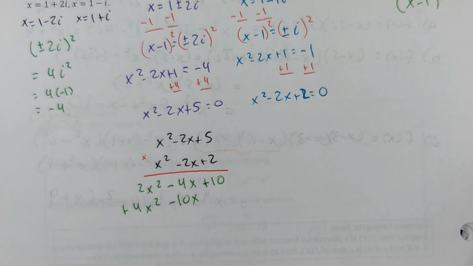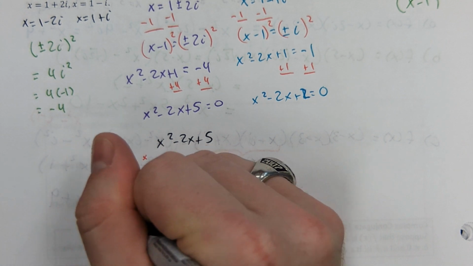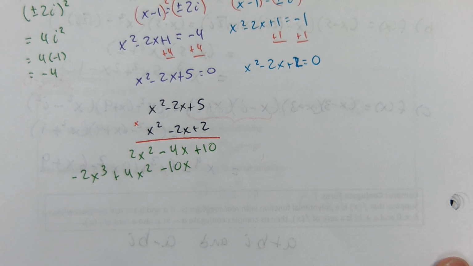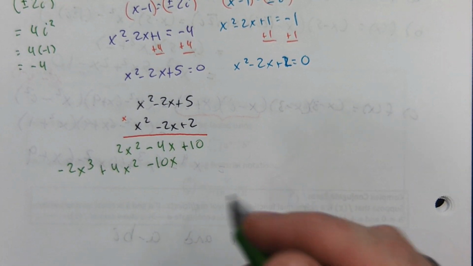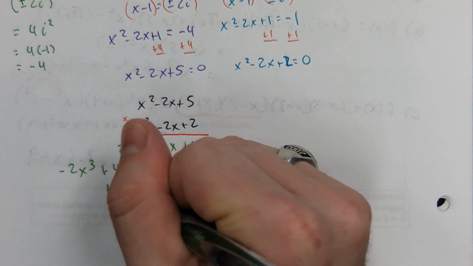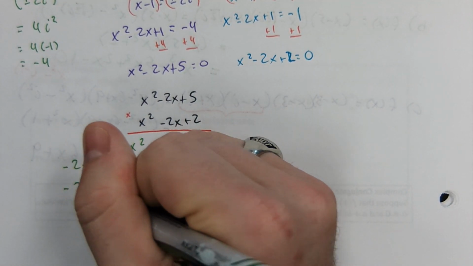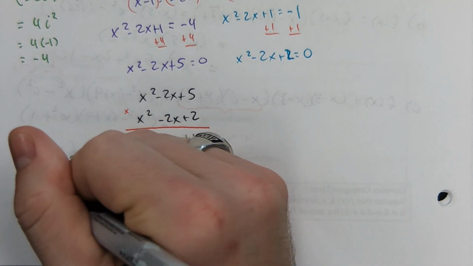Make sure your like terms line up. And negative 2x times x squared is negative 2x to the third. Okay, now take your x squared and distribute it. x squared times 5 is 5x squared, lining up like terms. x squared times negative 2x, negative 2x to the third again. x squared times x squared, x to the fourth.